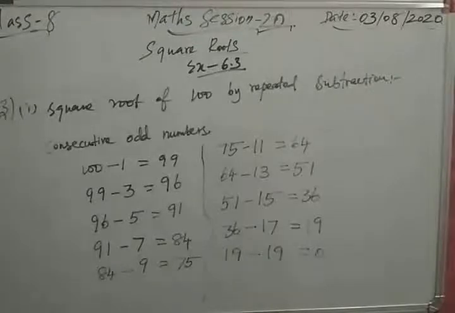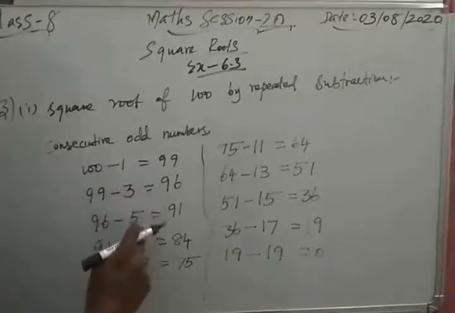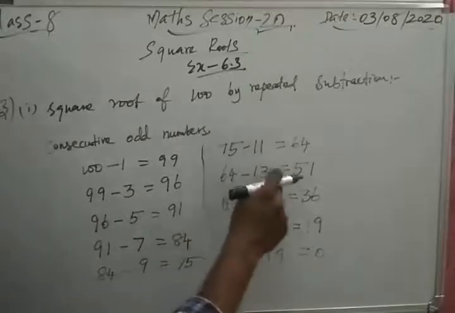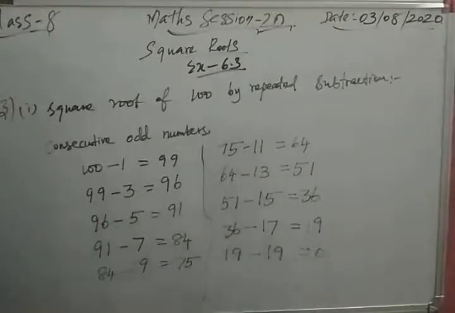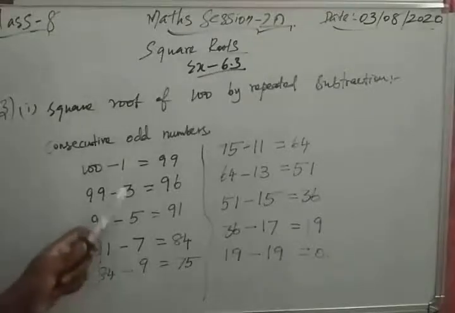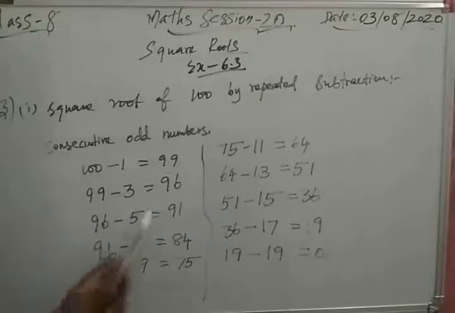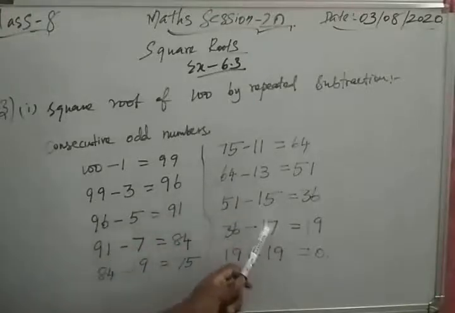You can see the consecutive odd numbers 1 plus 3 plus 5 plus 7 plus 9 plus 11 plus 13 plus 15 plus 17 plus 19 is equal to 100. By the repeated subtraction method, they ask what is the square root of 100. So now you have to count how many terms there are: 1, 2, 3, 4, 5, 6, 7, 8, 9, 10.